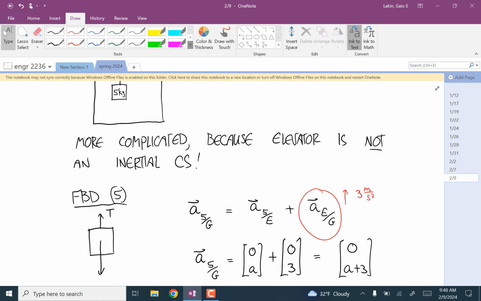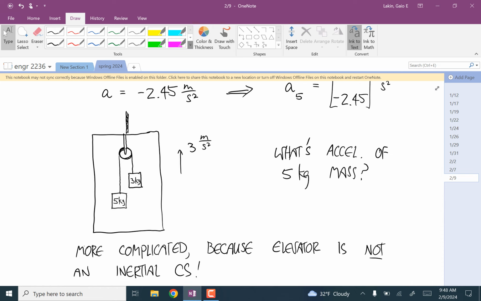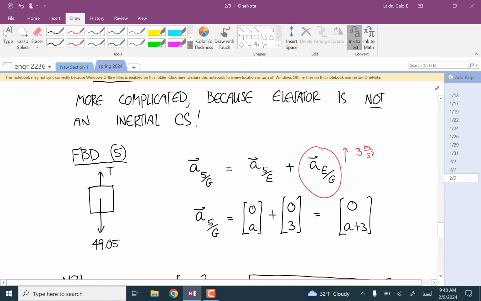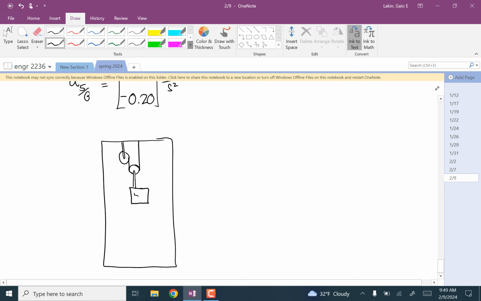Any questions? On the homework at some point, there's a problem like this, except that instead of this pulley system, the pulley system is this, where this is 5 kilograms and this is 3 kilograms.